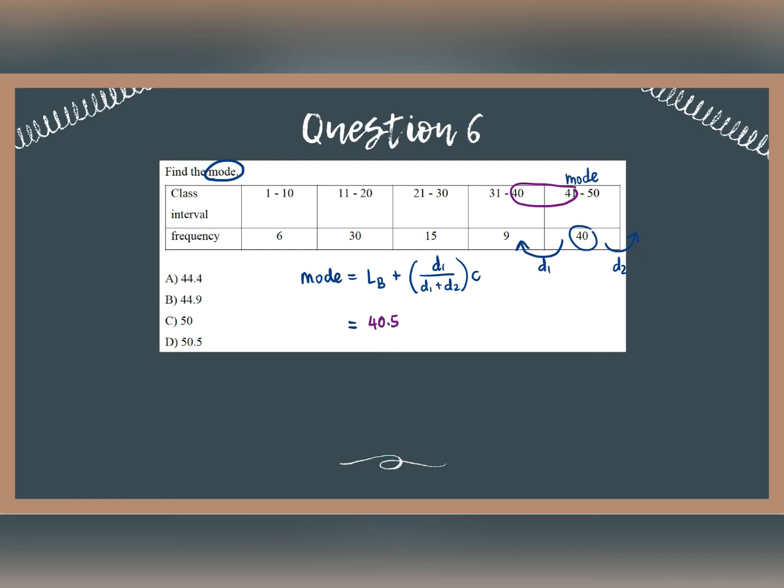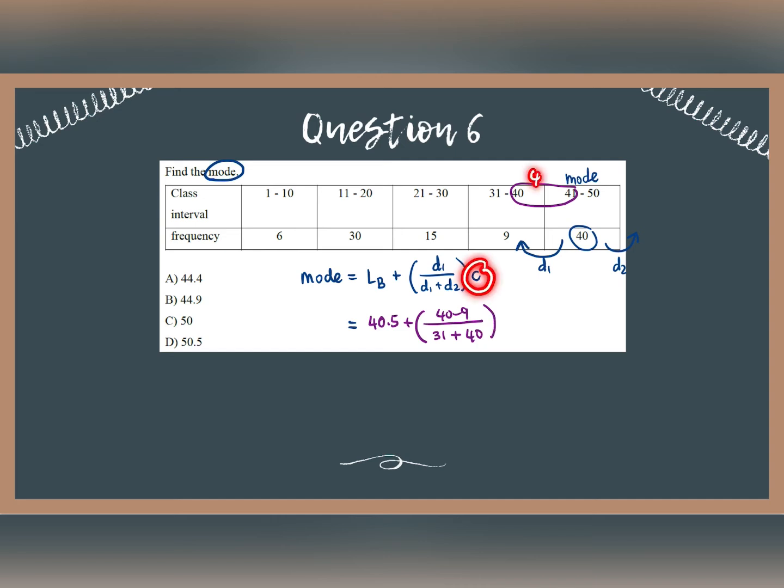Okay, cari average kepada 41 dengan 40 plus dengan, okay, D1 kita adalah 40 minus 9 over 40 minus 9 sebenarnya adalah 31 kan. So 31 plus, kat sini beza dia apa? 40 minus 0, so will be 40 lah, times by the class width.